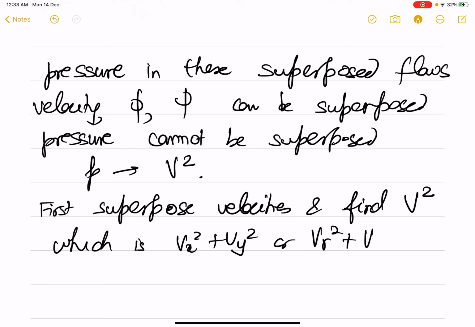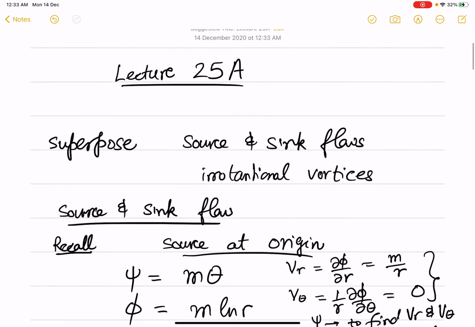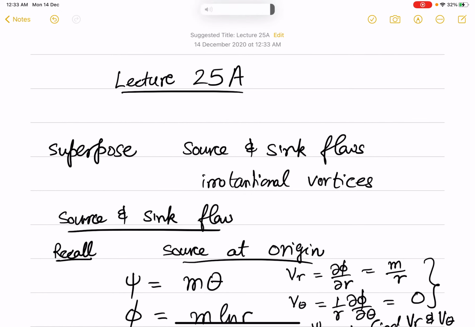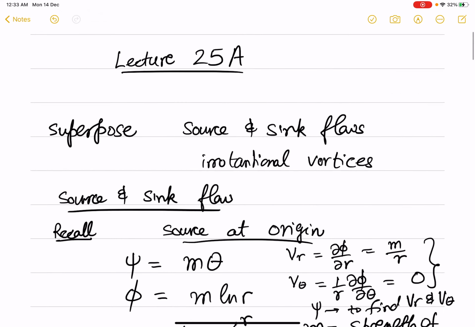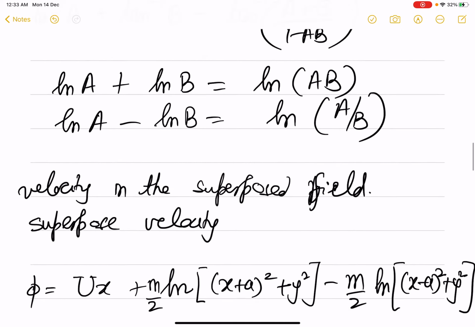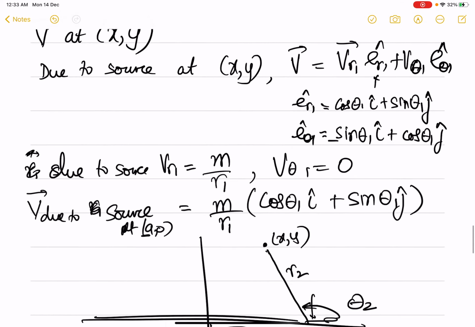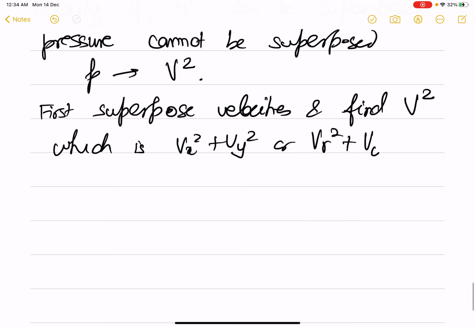So we first find the velocities, superpose them, add them all up, and then find Vx square plus Vy square or Vr square plus V theta square, and then find the pressure.